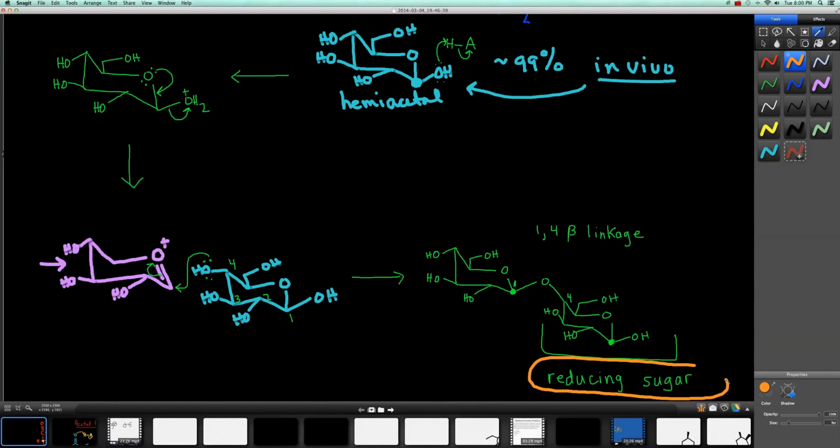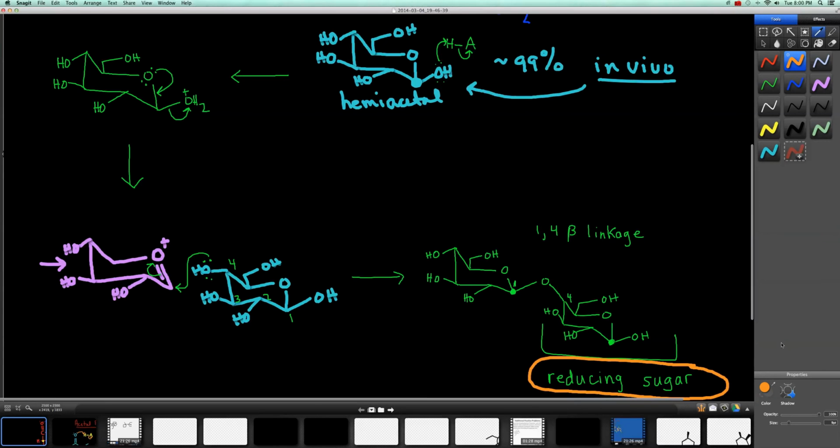Sucrose, on the other hand, as we'll discover when we discuss carbohydrates more formally, is not a reducing sugar. So it only has an acetal linkage, not a hemiacetal linkage.